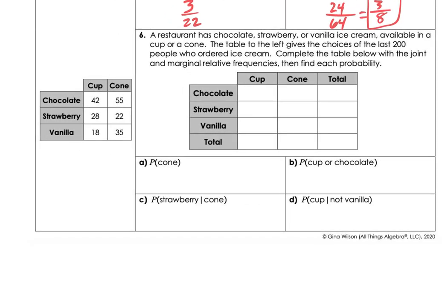All right, the last thing that we're going to do here is we've got another survey that we did here. A restaurant is going to ask people if they like chocolate, strawberry, or vanilla ice cream. And do you like it in a cup or a cone? Okay, those are the two questions that you're going to answer. So this tells us our survey results over here. So let's go ahead and total these up.